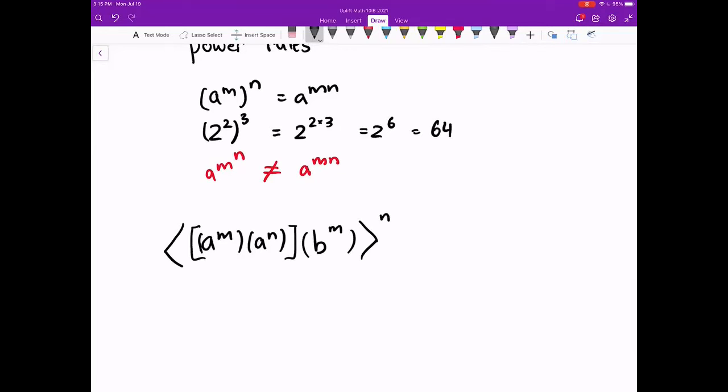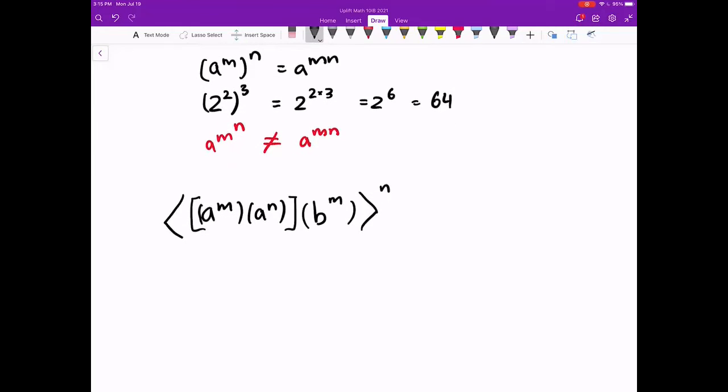So to solve this problem, what we can do is that we could start from the inner brackets. So we could first do the a to the power of m times a to the power of n, which is a to the power of m plus n, and then multiply by b to the power of m. And we note that the base is not the same, so we can't actually use product rule on those.